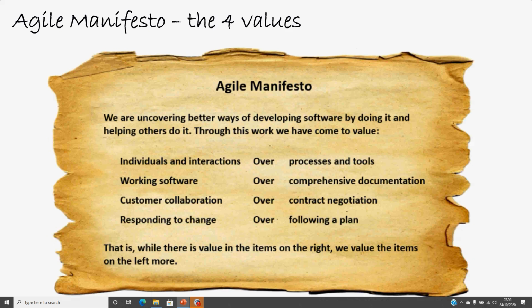Just to give you an elaboration of that, traditional software development methods are generally change averse. What happens is that in the traditional approach, we create detailed plans in the beginning and then agree upon those plans with our stakeholders, with our customers, and then follow them through the project.